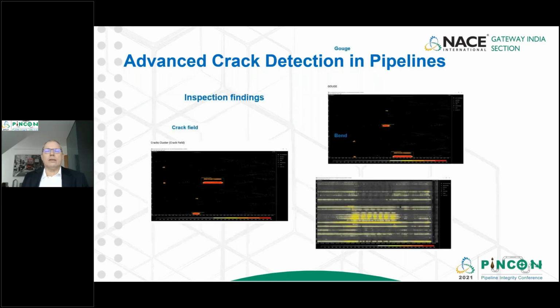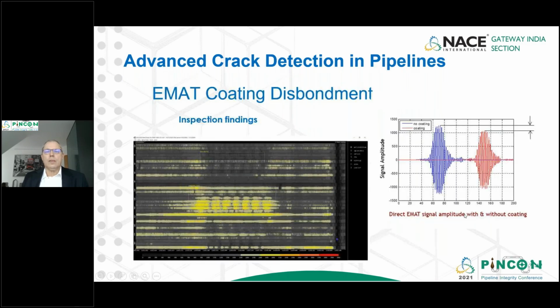Here are some findings of the EMAT tool. We have a crack field, we have a gouge, and we have here an area of coating disbondment. The coating disbondment is determined by a difference in amplitudes, because where we have the coating attached to the pipe wall, the resulting amplitude is lower than from an area where we have no coating directly at the pipe wall.